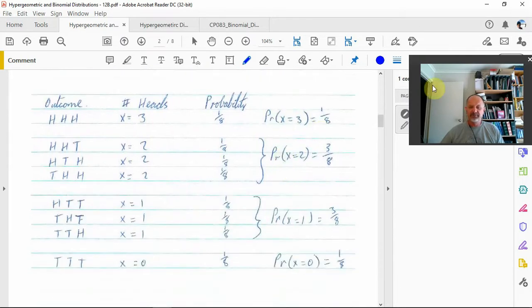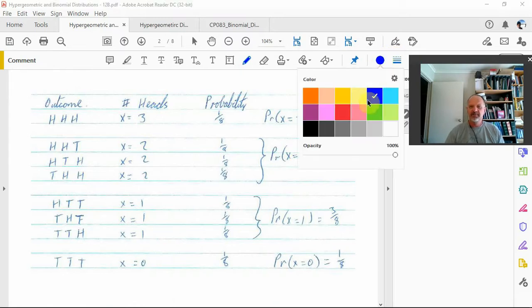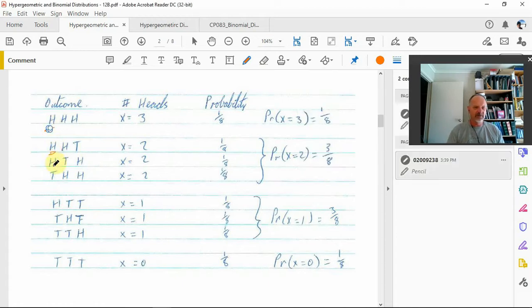I've already prepared earlier what all the possible outcomes are. Let me change my pen colour. Let's go orange, shall we? All right, so the first column says this is what you might get the first time, and then the second column's what you might get the second time, and then the third time.